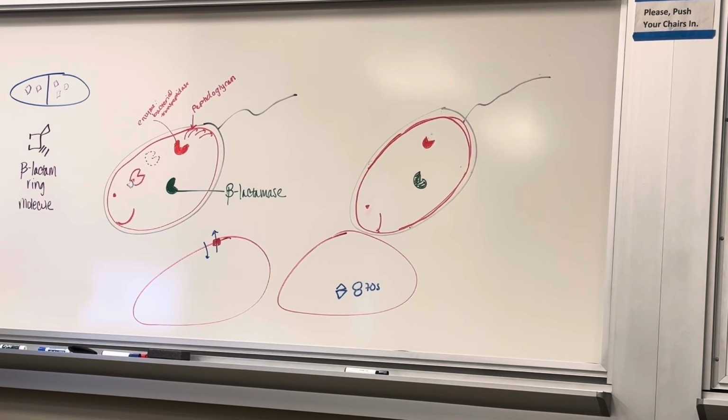Yeah, so there are natural methods of self-defense. I'll talk a little bit more about that in lab, about the cat and mouse, where the penicillium is the cat and then the bacteria is the mouse, and then they keep changing.